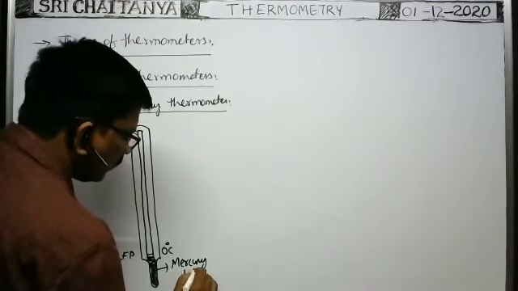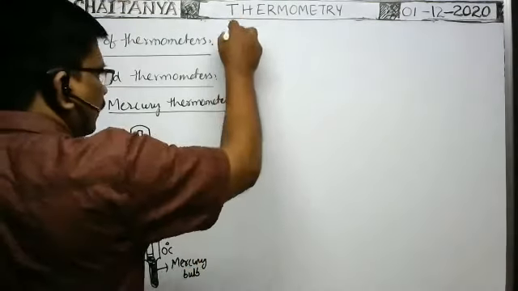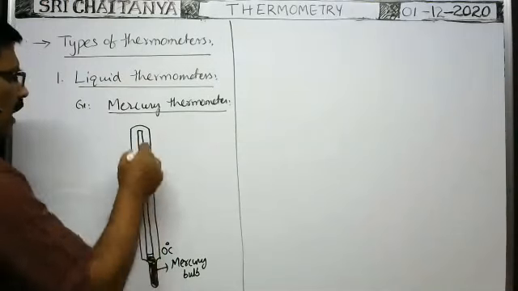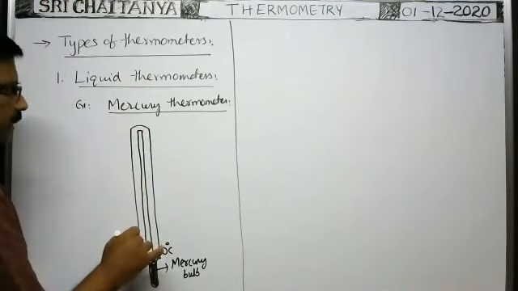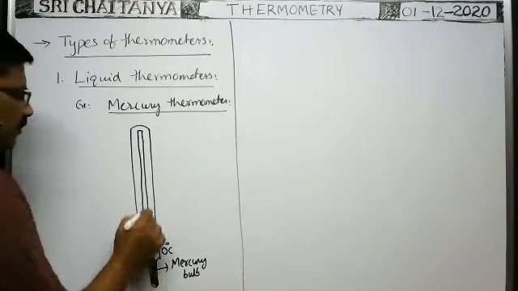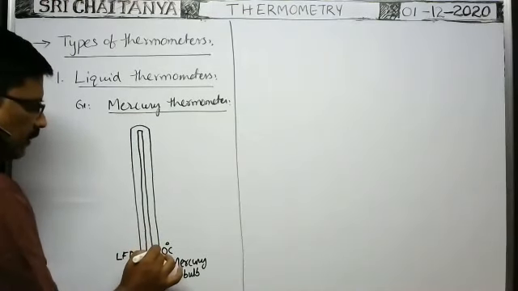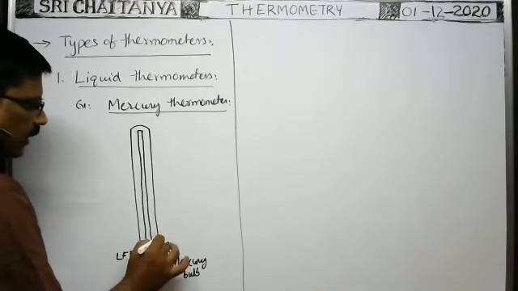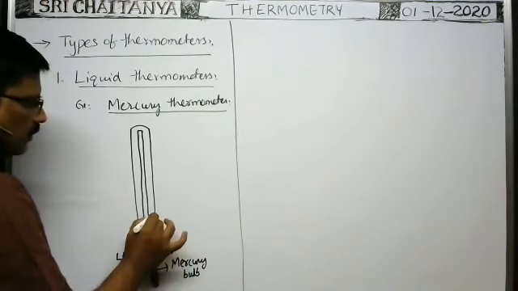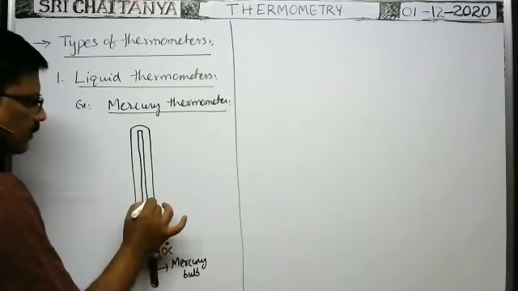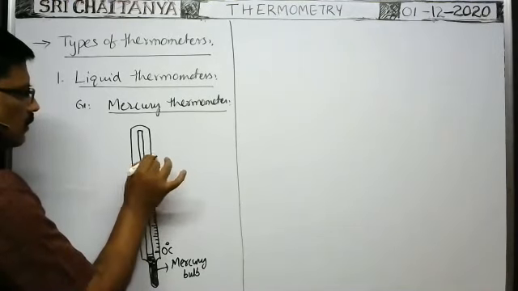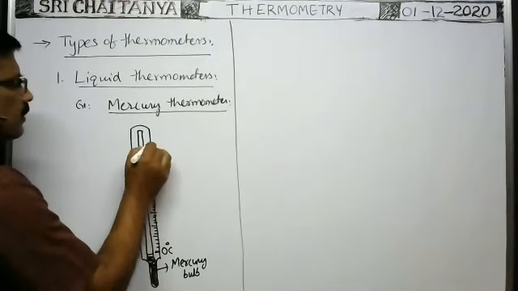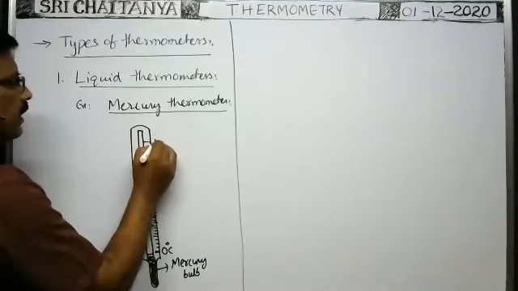On this bore, a scale is also marked. Here it is 0 degrees centigrade, then 1 degree, 2 degrees, like that. The scale is graduated like this. Suppose here it is 100 degrees centigrade.